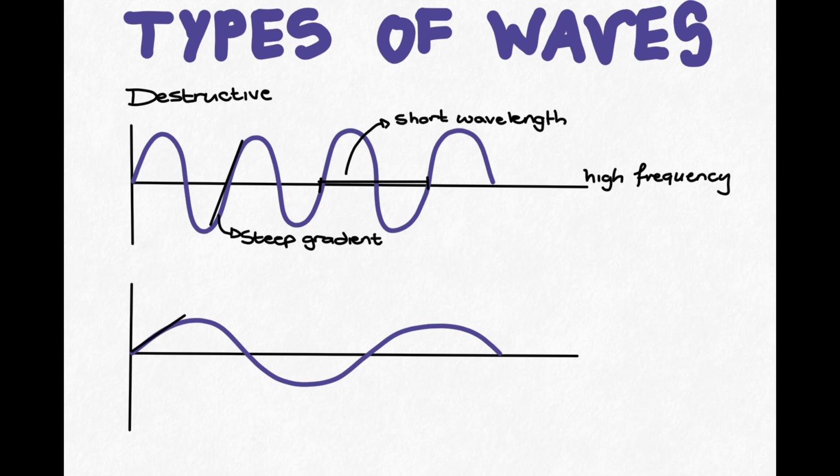So the first thing is that this wave would have a shallow gradient. So the gradient on the wave is much less steep than our destructive wave. This type of wave will also have a longer wavelength. This wave would also have a lower height, so it's not as high as the destructive wave, and it has a low frequency.